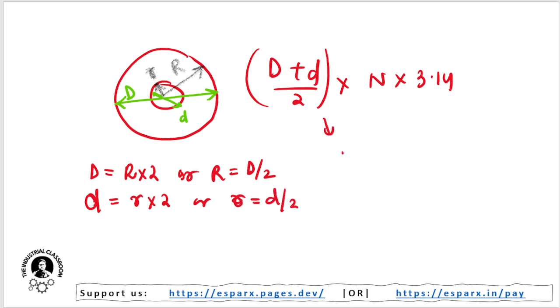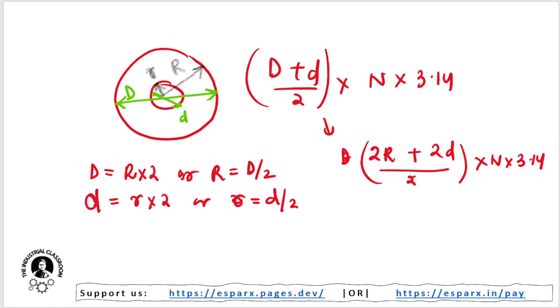Putting this in the formula, D plus d divided by 2 into n into 3.14 becomes 2R plus 2r divided by 2 into n into 3.14, or the 2 will cancel out, and we can write R plus r into n into pi, or 3.14.